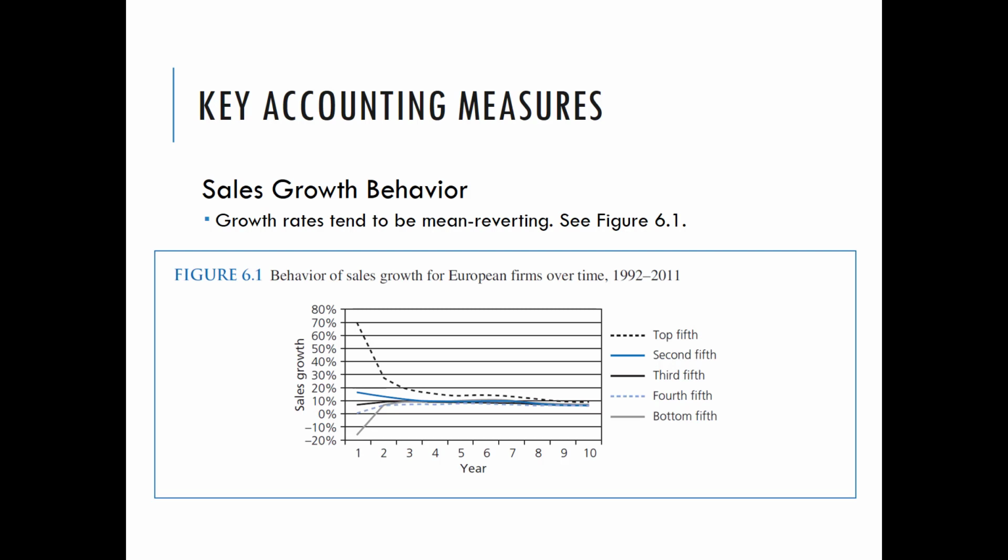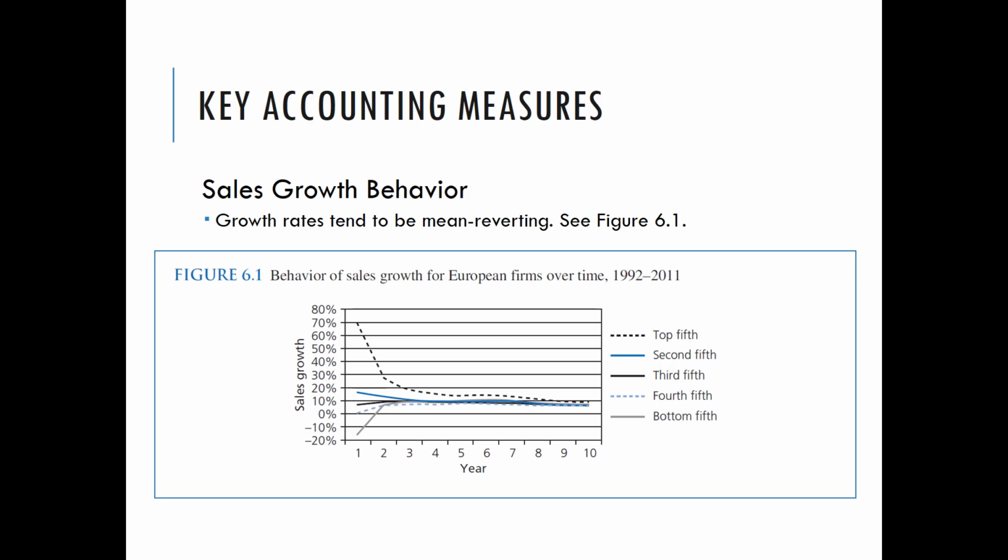Just because your company has a growth of 50% right now does not mean it's going to persist into the future. On average, high growing firms are going to have a decrease in their sales growth over time, and firms that have very low or negative growth will increase over time.